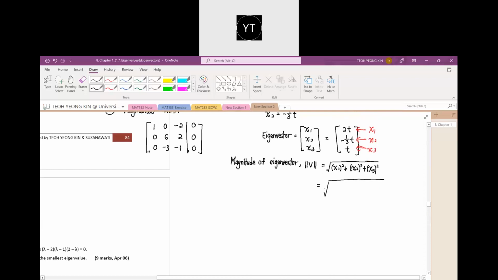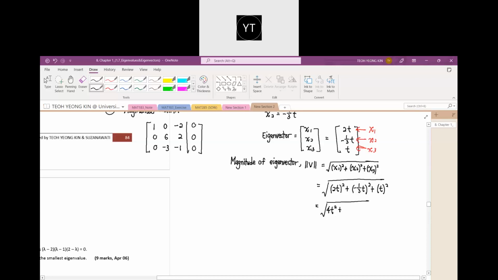Square root. x1 is 2t. Jangan lupa put a bracket. Plus negative 1 over 3t plus t squared. So here we should have, that's why you kena letak kurungan. Kita akan dapat 4t squared plus this one, negative 1 over 3 squared.